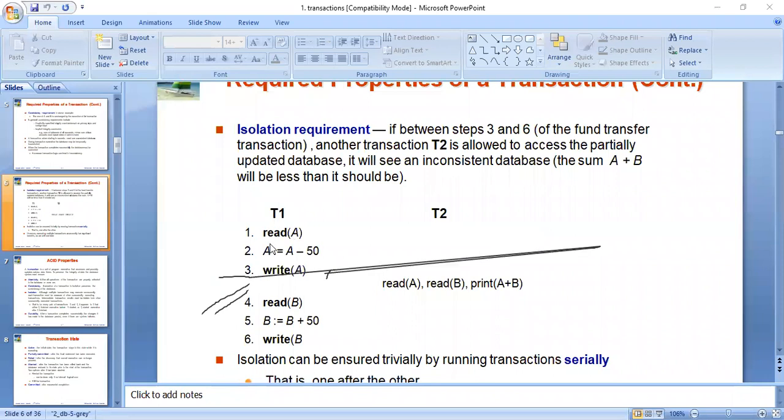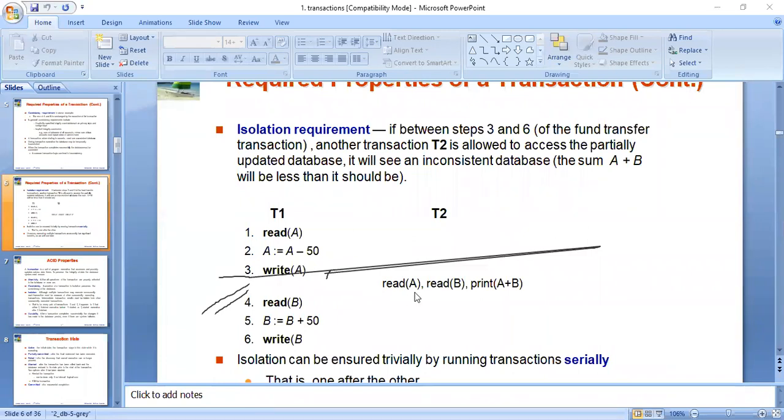T1 is transaction 1, T2 is transaction 2. In transaction 1, what I am doing is read A. That means I am opening the account A. A is equal to A minus 50. That means I am subtracting rupees 50 from this account. Assume A is equal to 1000 initially. Next, I am saving this account A. That means right now rupees 950 is there in the account A.